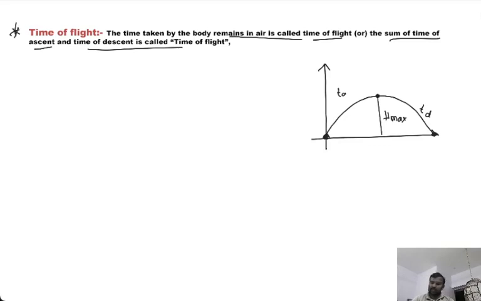At the maximum height, what is the value of Vx? You already know Vx is u cos theta. At this highest point, what is the value of Vy? It is 0. The ball is thrown at angle theta with velocity u. So along the x-axis, ux is equal to u cos theta, and along the y-axis, uy is equal to u sin theta.